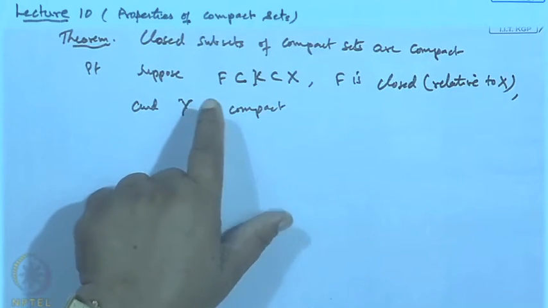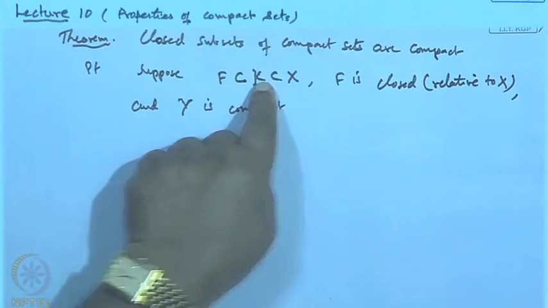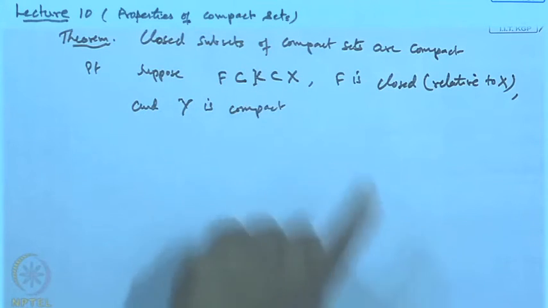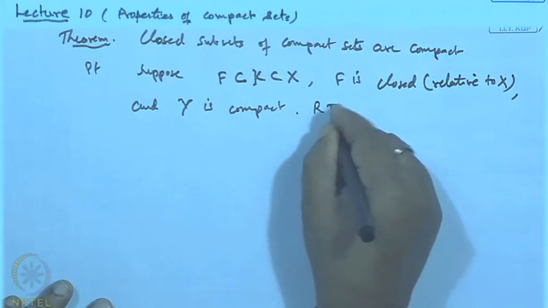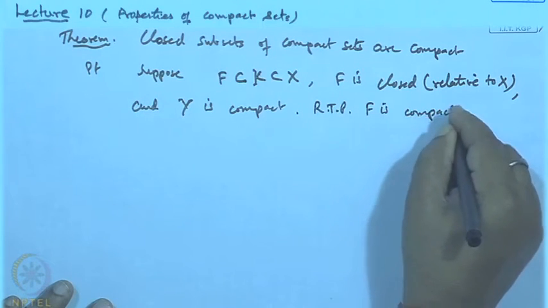What we want to show is that this closed subset F, which is a subset of a compact set, is compact. So, every closed subset of a compact set is compact, that is what we need to show. So, required to prove is F is compact.